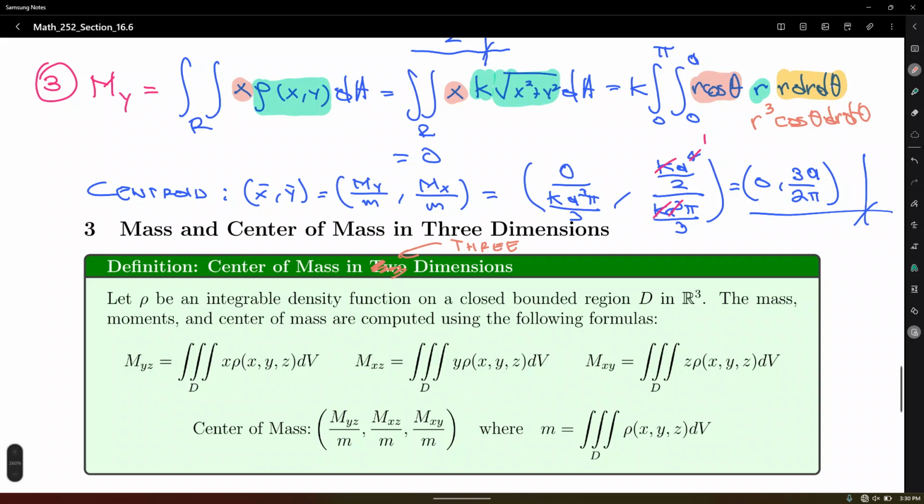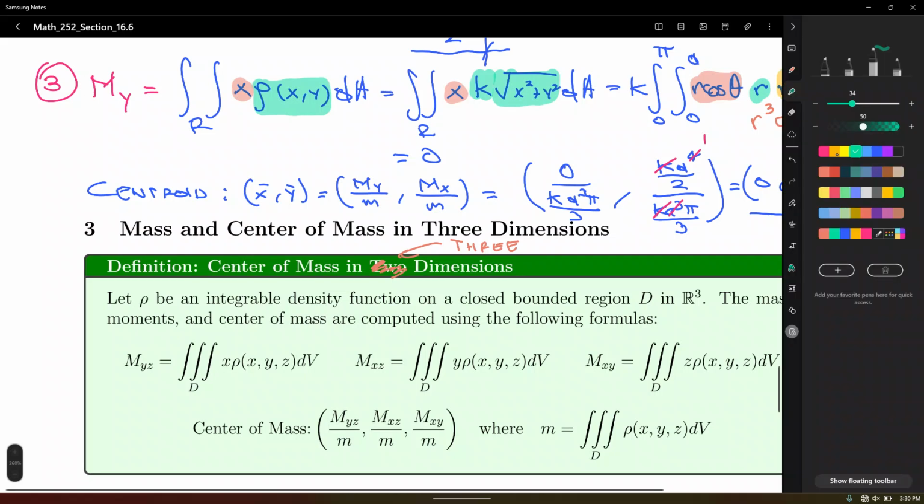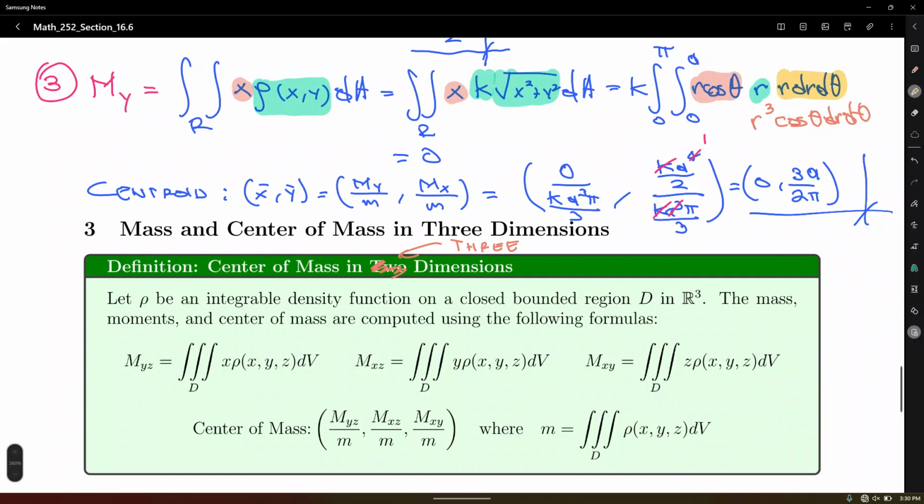So here when we talk about the total moments, the total distance moments, we need to describe a moment that involves a distance x. So the moment that involves a distance x is going to be the moment about y and z.